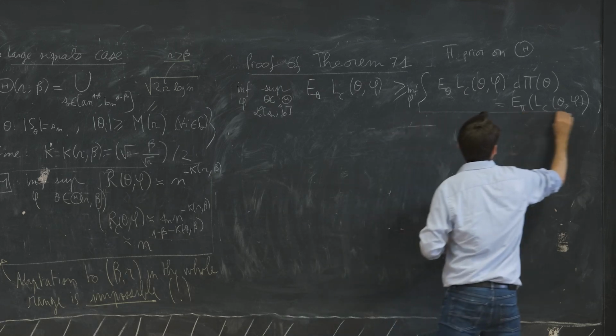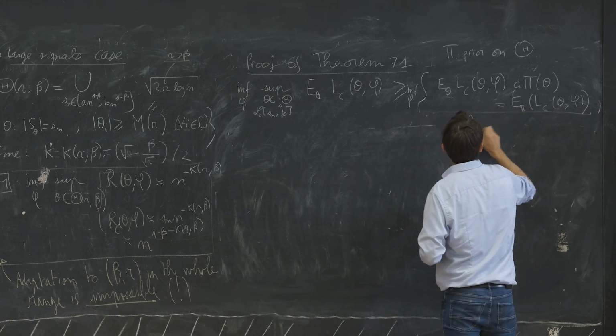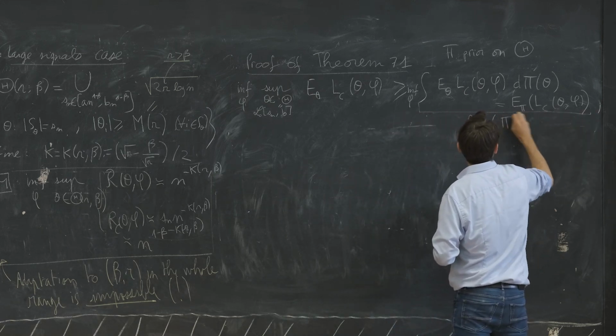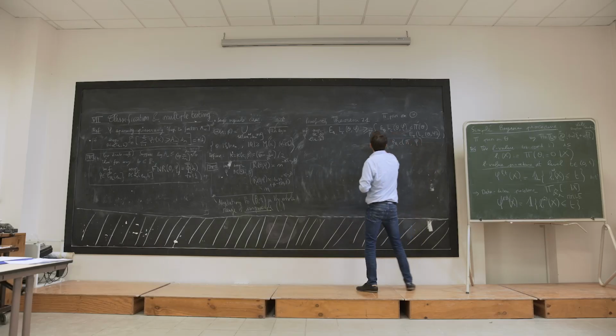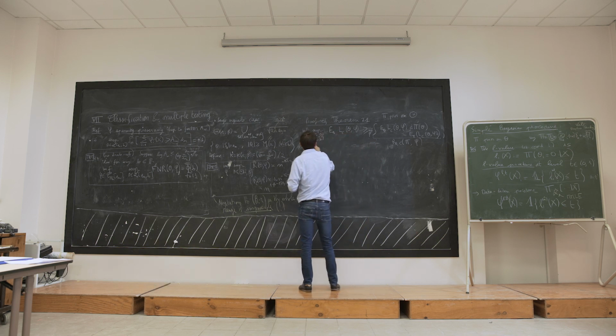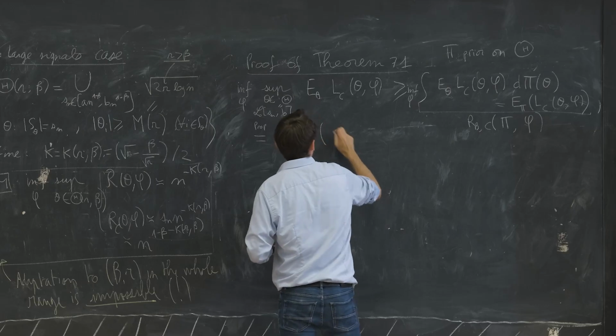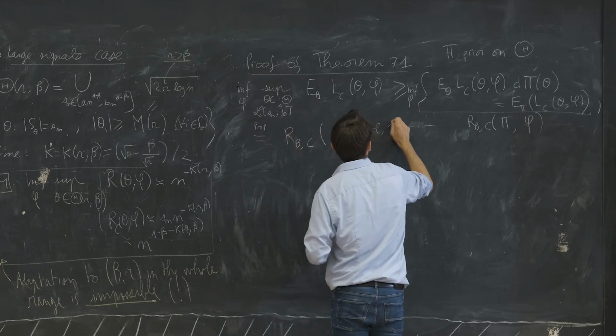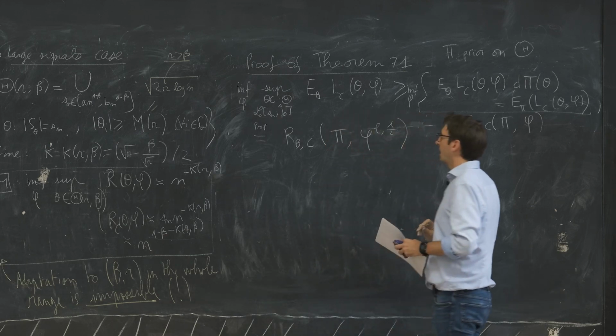Since this is the Bayesian risk for the classification loss, I know that this is attained by, by the proposition, the L-value procedure at level a half.